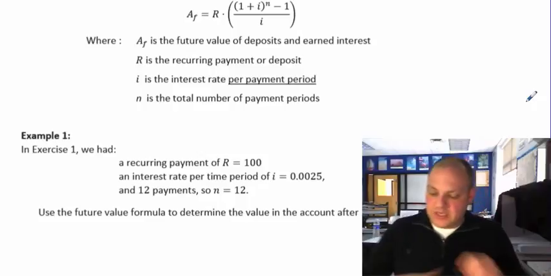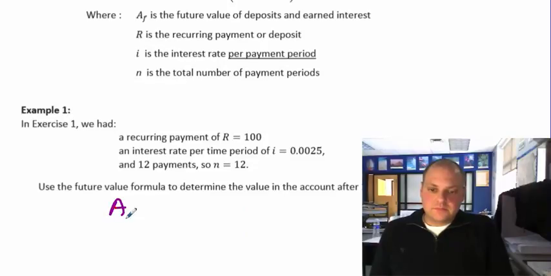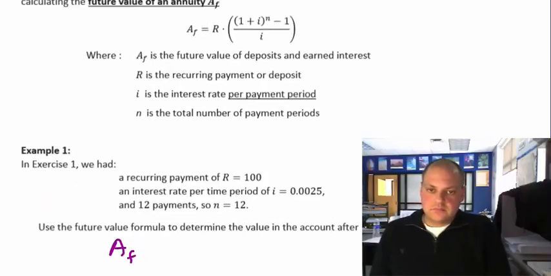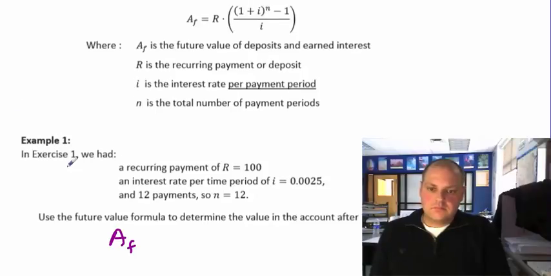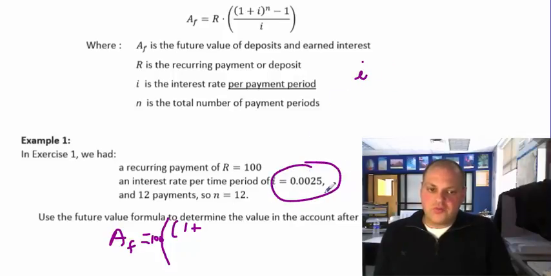Now, switch to my page 2 because I have this worked out. I don't want to keep you too long. All right, so AF is going to equal, again, we're just using from our exercise we just did, the recurring payment, which is 100 times 1 plus I. Now in this case, I is the rate 0.0025, and that comes from, that's given to us right here, 0.0025.